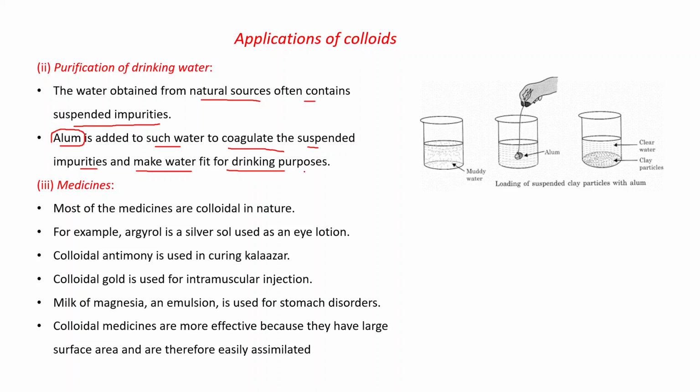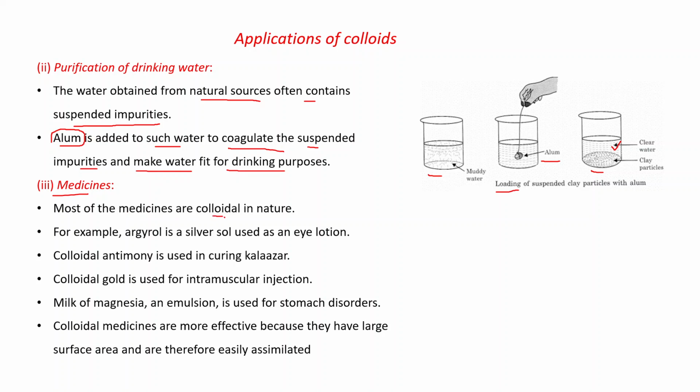When alum is added, whatever impurities are present in the water will load. They become heavy, that's why they settle down. Say this is muddy water. When we add alum, these muddy suspended particles along with the alum settle down at the bottom and we get clear water. This is called loading.